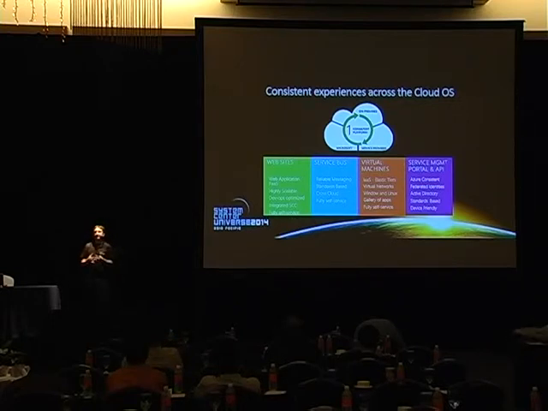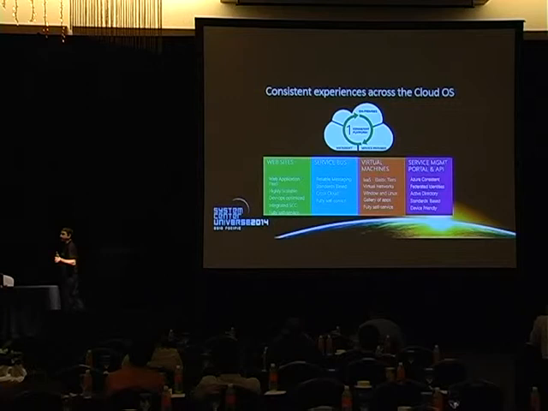If you look at the things that we've created within Windows Azure, things like Azure Websites, the infrastructure as a service VMs, the service bus, organizations want to bring them on premises. So we want to create a consistent experience across the two clouds, meaning that if I create websites on premises, I can just cut and paste that and put it on Windows Azure and use it up there.